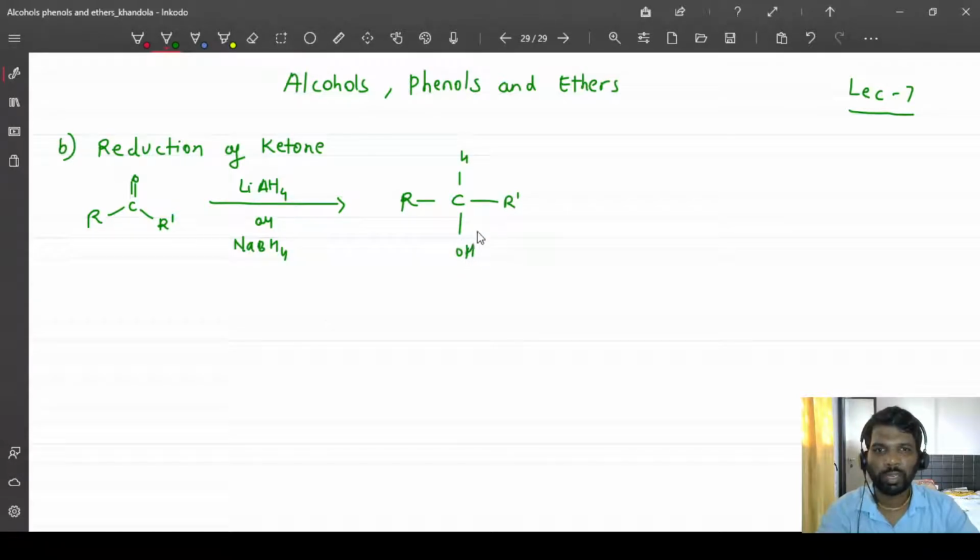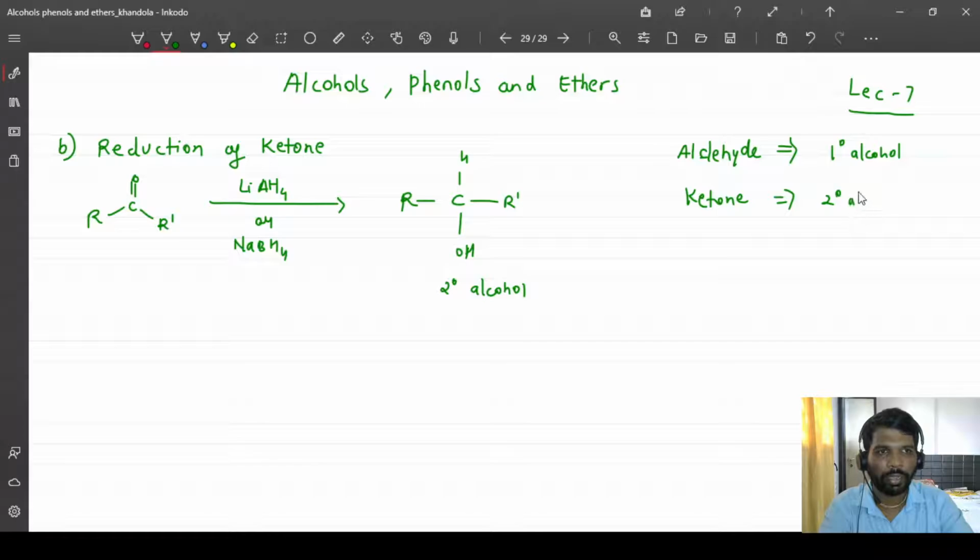Now, what you can observe over here is that we are getting an alcohol, and the degree of this alcohol is secondary alcohol. So, to summarize: if we do the reduction of the aldehyde, this gives me a primary alcohol, and reduction of the ketone gives secondary alcohol.